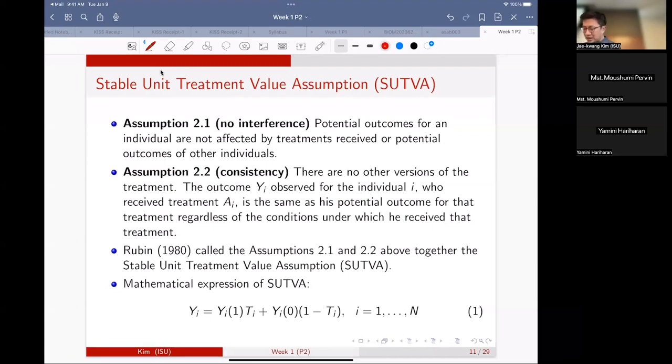Secondly, assumption two is sometimes called measurement consistency. The measurement consistency means that we don't have any noise coming in the measurement. So the potential outcome, okay. Sorry, this is Ti.